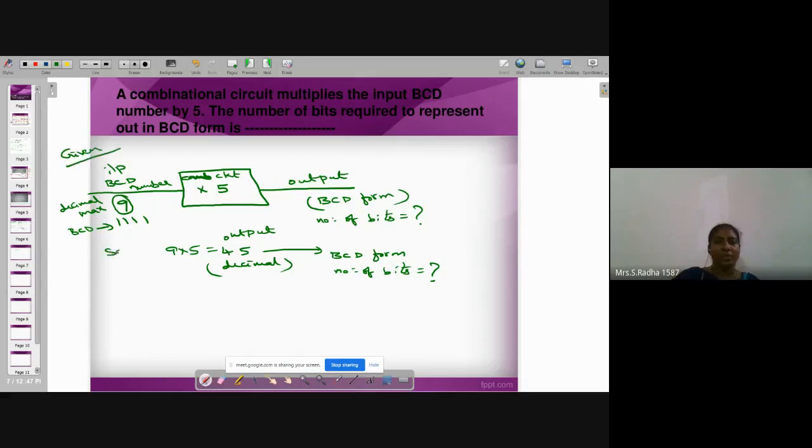Now coming to the solution, we are assuming the maximum decimal digit is 9, which you can represent in BCD as 4 ones. 9 into 5 is done in the system, and the output is 45, in decimal form. You convert that to BCD form. How many bits are required for representing 45? So 8 bits. The answer is 8 bits.